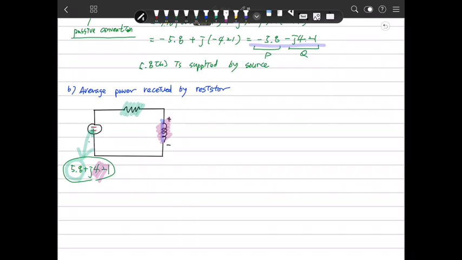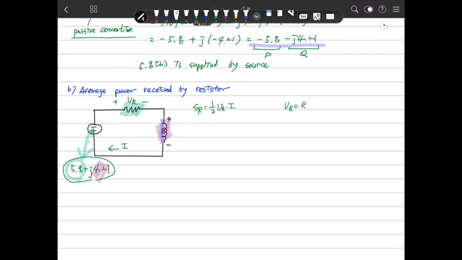So define this as VR, and the current is in this direction here. So SR is half VR I conjugate.